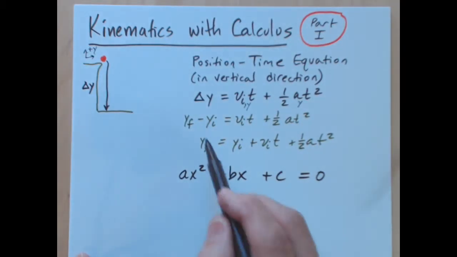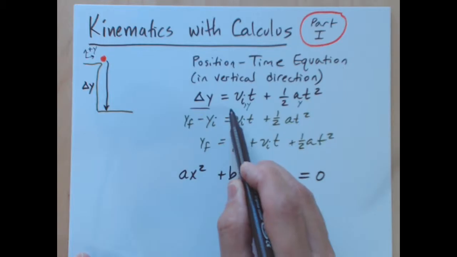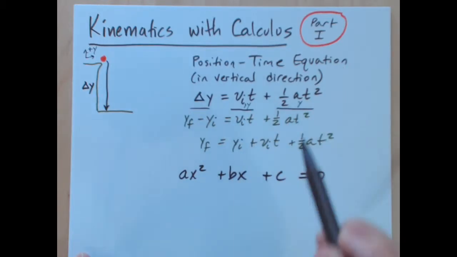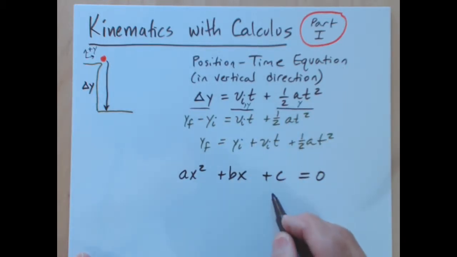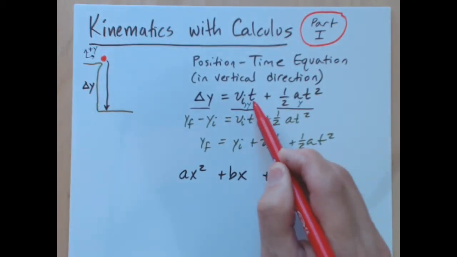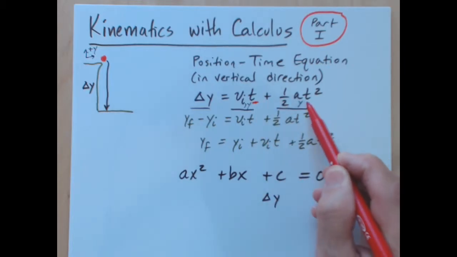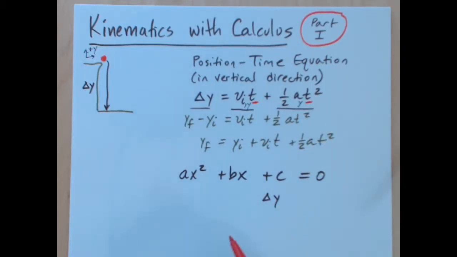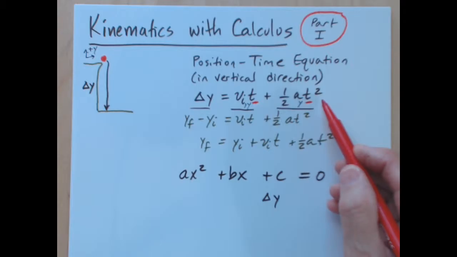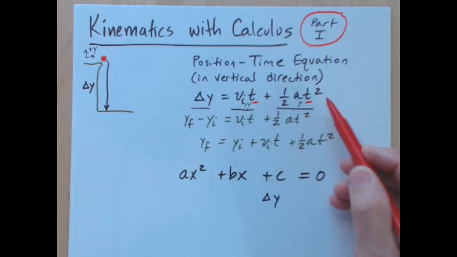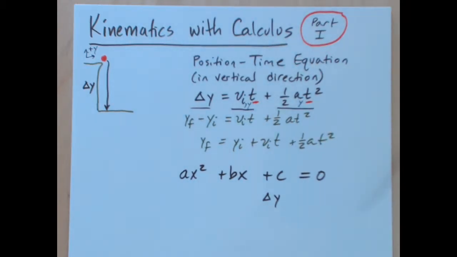You can see in this original form up here, I'm going to have delta y correspond to c, and I also want you to notice, let me take a red marker and show this here, that what's corresponding to x is the t. So we might say this equation is quadratic in time, and we'll get to that in a minute, but let's just keep writing this out.